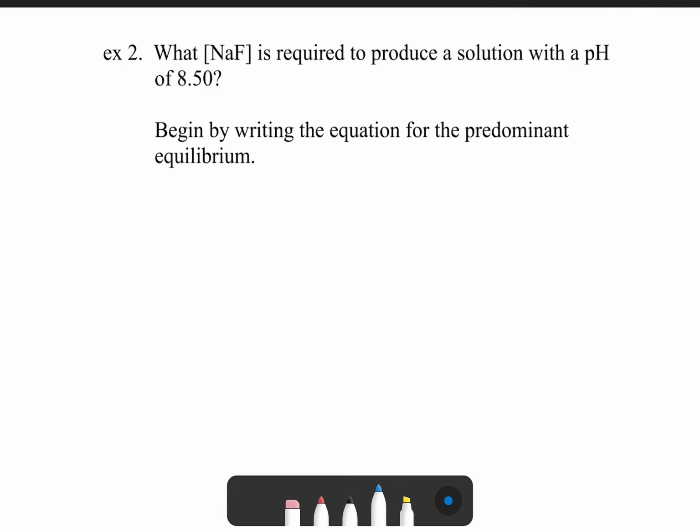For example 2, we're asked what molarity of sodium fluoride is required to produce a solution with a pH of 8.50. We'll first recognize that sodium fluoride is a salt. So we'll begin by writing the equation for the predominant equilibrium. The equilibrium does not take place right away.